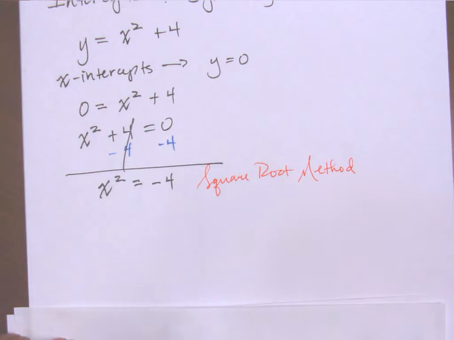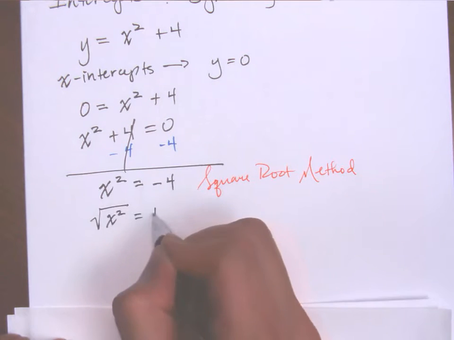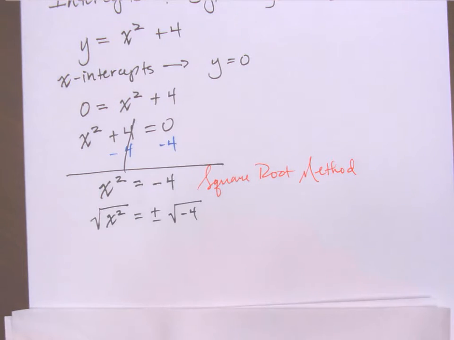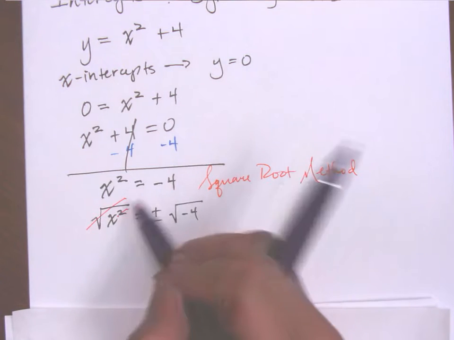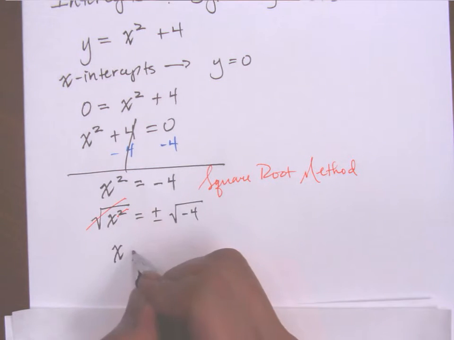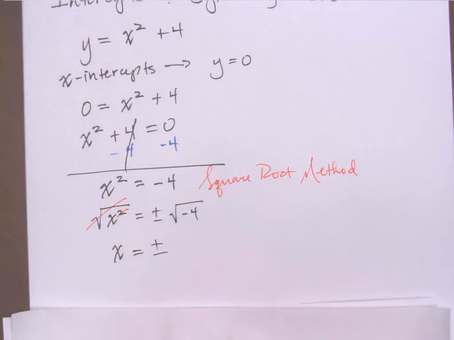So that means I'm going to put a square root on both sides, equals plus or minus the square root of negative 4. The entire point of the square root method is that the radical gets rid of my exponent, and now I just have x equals plus or minus. Now I need to do some simplifying here.